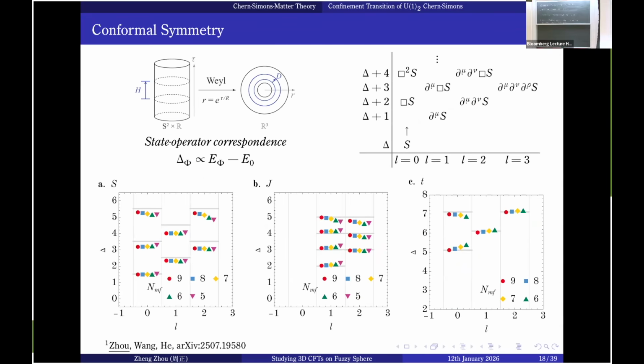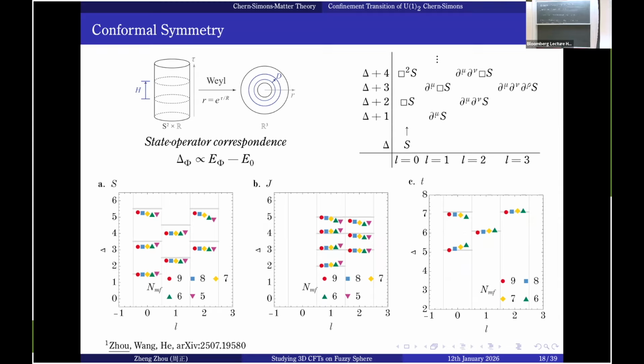So the more important information is about the conformal symmetry. We extract the information of the conformal symmetry through the state-operator correspondence. A unique feature of the CFT spectrum is the conformal multiplets. We start from a primary operator.